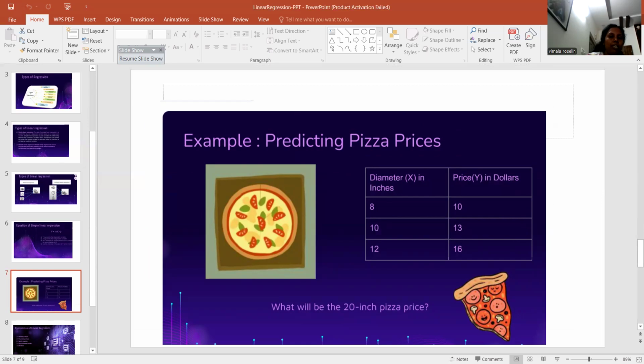We can calculate it using the previous training data set values. Here the dependent and independent values are given, in inches and prices. Using this and the formula y = mx + c, we can find out the 20-inch pizza price.